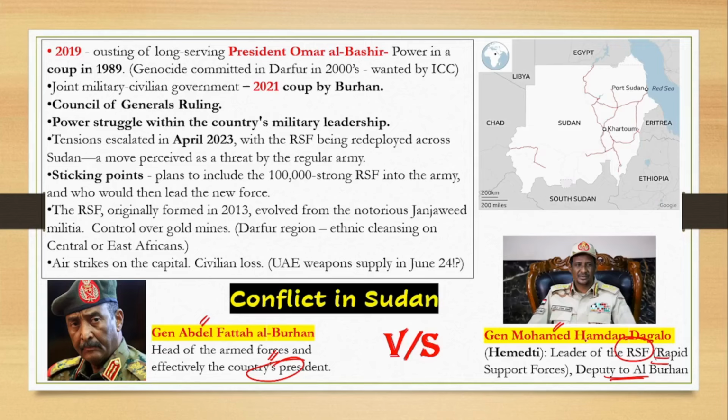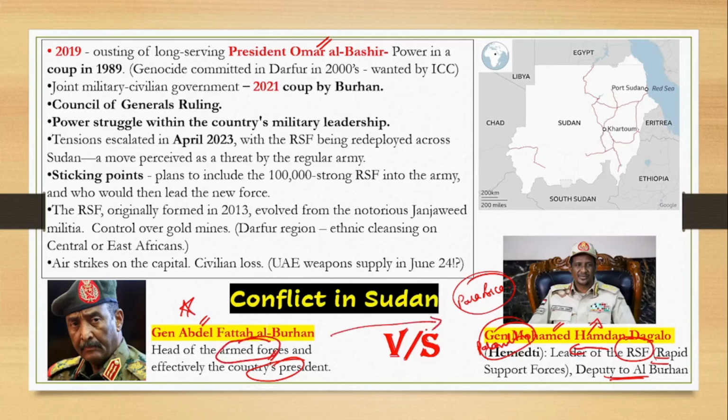This Rapid Support Forces is a paramilitary force created by the previous president Omar al Bashir, and Mr. Dagalo is using that force to fight against Mr. Burhan, and Mr. Burhan is using his armed forces to fight against Mr. Dagalo.